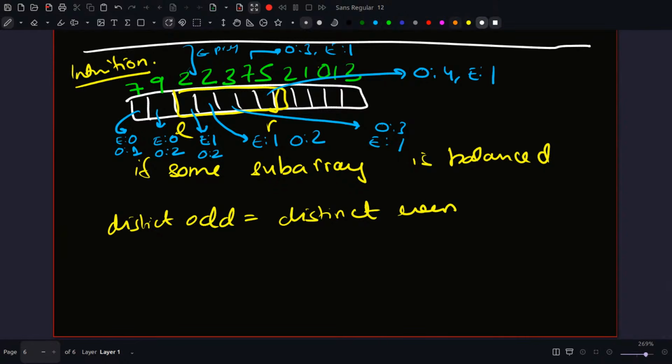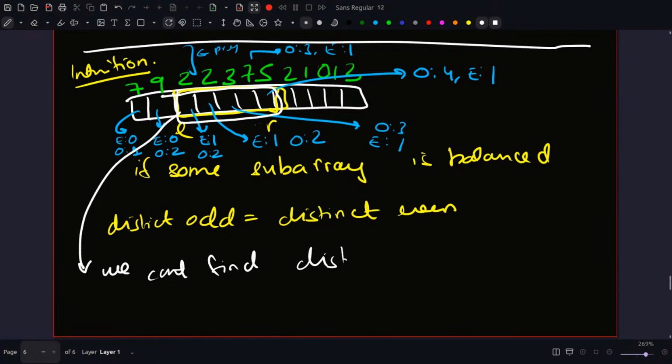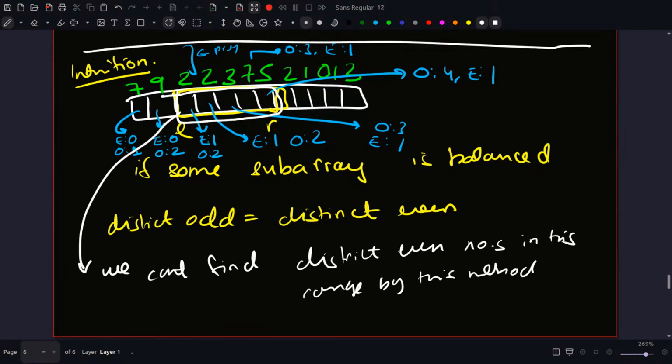But the thing is, we cannot find the distinct even or odd numbers in the range L to R using this approach.